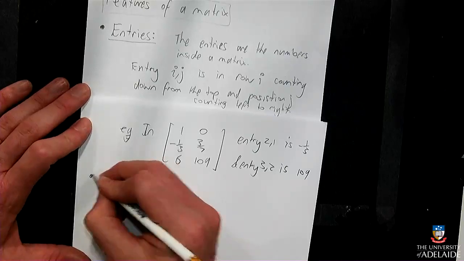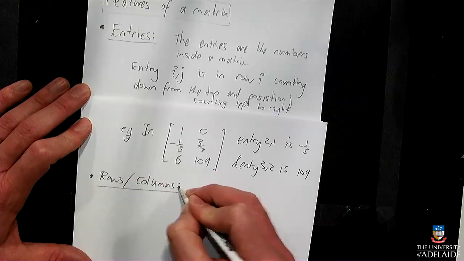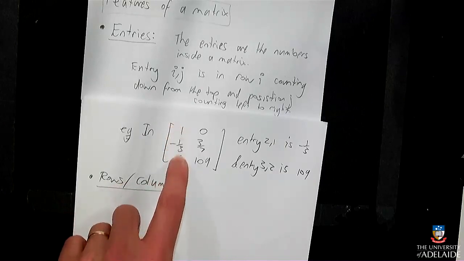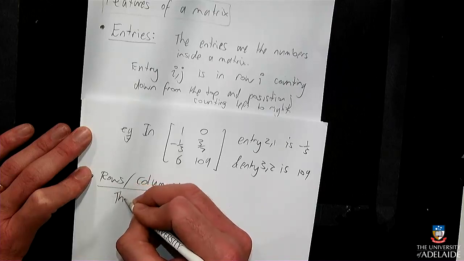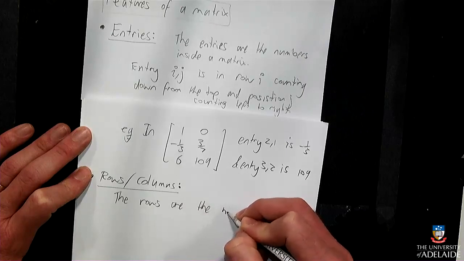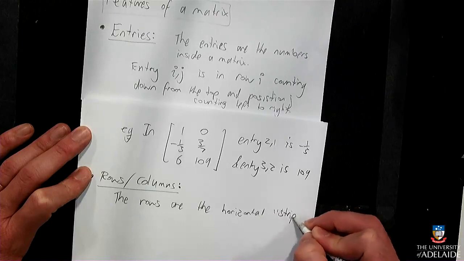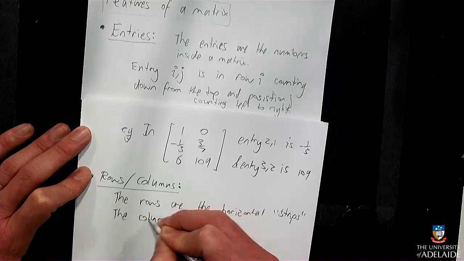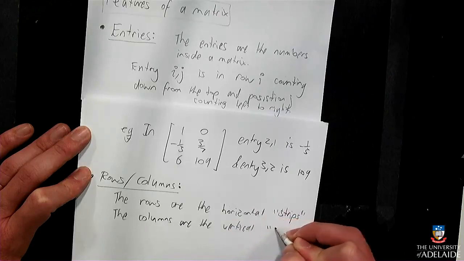And I've already mentioned something implicitly that is important to talk about. So the next thing to talk about is rows and columns. These vertical pieces of the matrix are called columns, and these horizontal pieces are called rows. Horizontal strips, vertical strips.